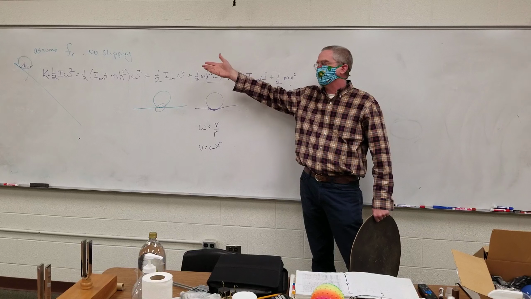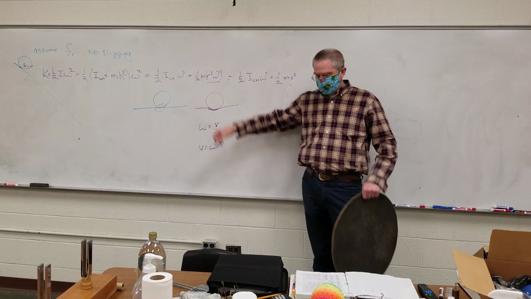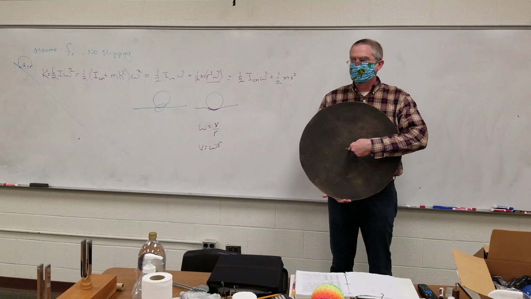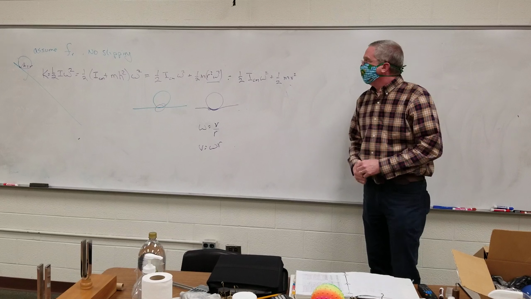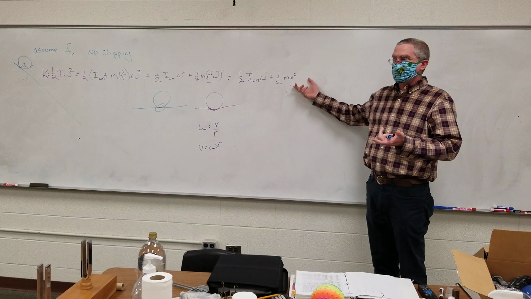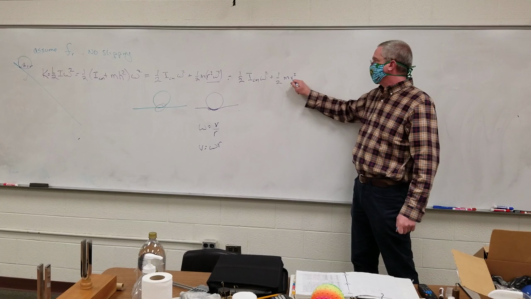It could be other things, but assume it's a sphere. Since that is the radius of the sphere, we're talking about how fast it's going at the center, which is just what we generally consider the speed of the object. So this is the speed of the center of mass.